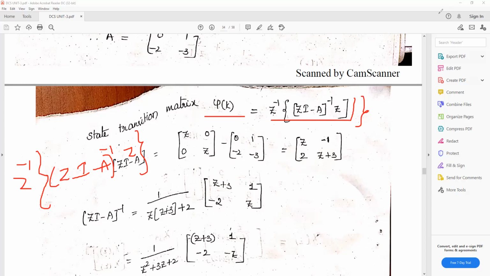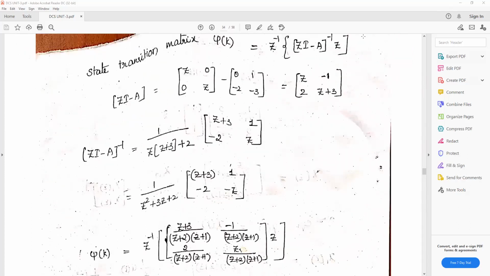So calculating (zI minus A) whole inverse. First, zI minus A. The A matrix is a 2 by 2 matrix, so the identity matrix is also 2 by 2: I is equal to [1 0; 0 1].